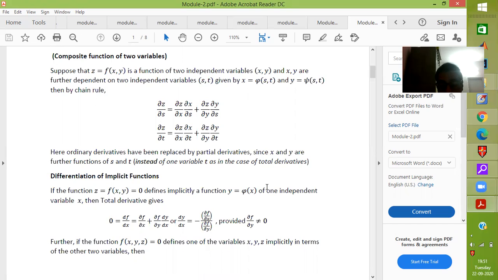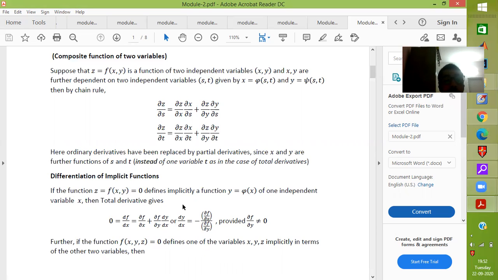But sometimes this separation will yield very complicated relations, in which case we don't attempt to do that. Then we retain z, x, and y together in the same function, so that such a representation will be called an implicit representation. Obviously, handling implicit functions will be difficult, but however, we can still achieve the desired goal.